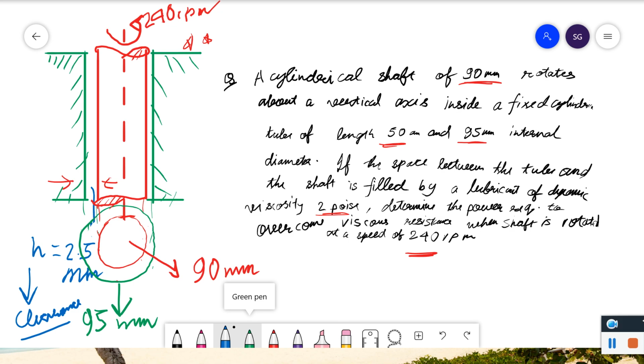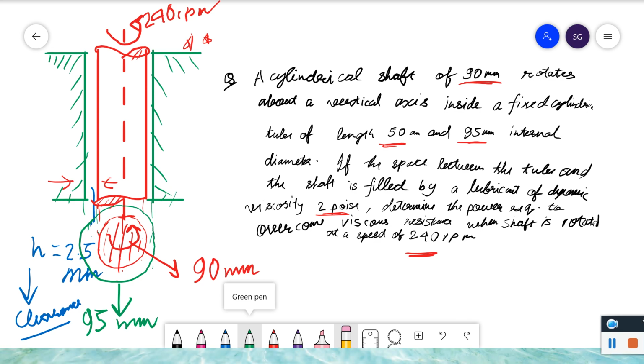I think this diagram is hopefully clear, though this circle is not accurate, but I will try to make it clear. And this is the direction as well. So this is the diagram, and I guess you have understood the question: a cylindrical shaft of 90 mm, meaning this cylinder rotates about a vertical axis. This is the vertical axis.